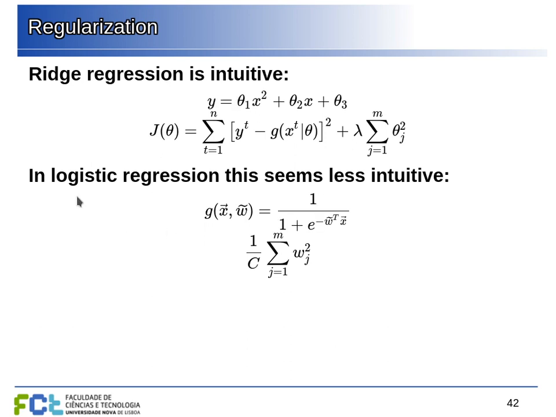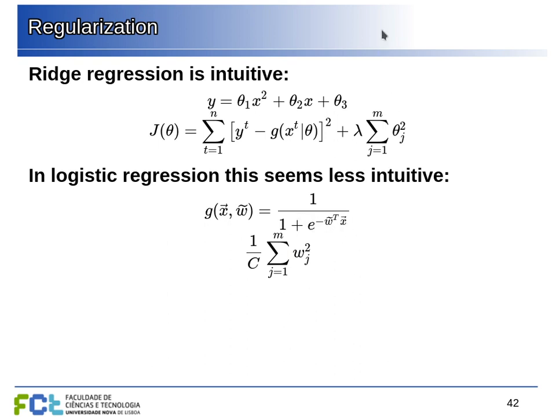For logistic regression, this seems strange because we have this logistic function here. We are trying to keep the parameters that we are using on this function small, and it's not as obvious at the beginning why this should work as regularization.